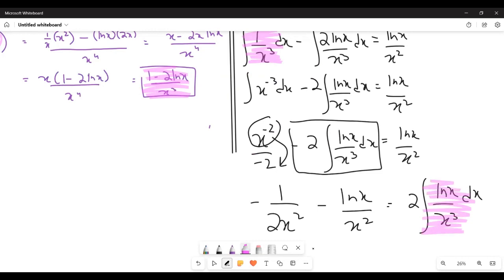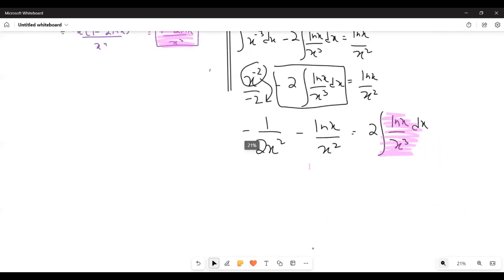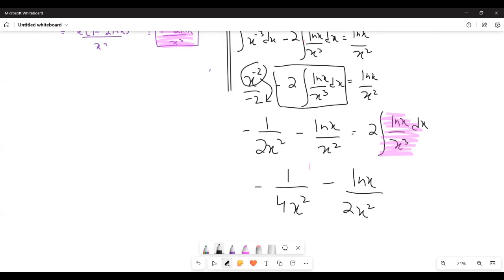So we get minus 1 by 4 x square minus ln x upon 2x square equals integration of ln x upon x cube dx. Let me confirm if that's fine. Yes, it is.